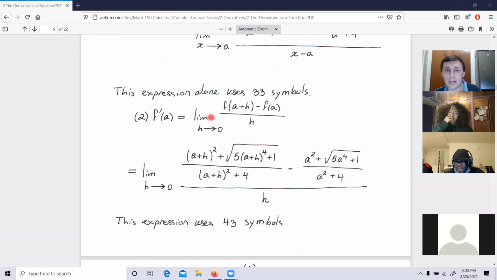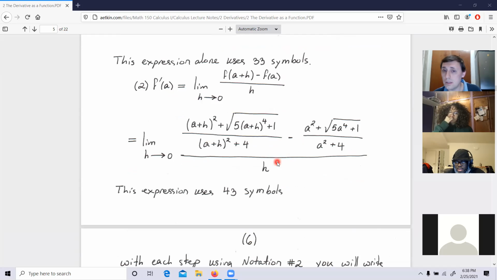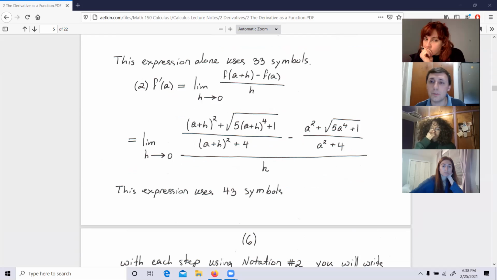Now, if you use the second notation, look at it. Here it is using the second notation. You just plug, instead of x, you plug a plus h. And this is the way it looks. Just by writing it one time, you use 10 more symbols, 43 symbols. When you expand parentheses, especially if it's high powers, each new line that you add, you will write at least 10 symbols extra, probably more on average. So the expression looks more bulky.